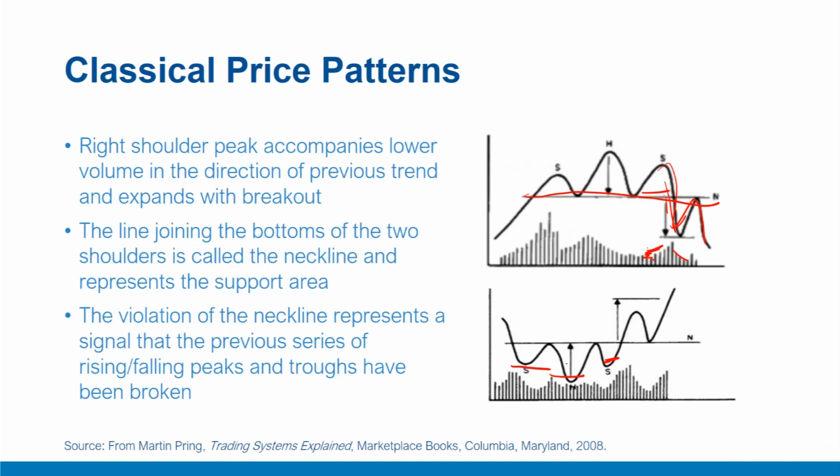Normally, the volume is relatively high at the bottom of the left shoulder here and during the formation of the head. The major factor to watch for is activity on the right shoulder, which should contract during the decline to the trough and expand substantially on the breakout. So here the volume will expand in the breakout.